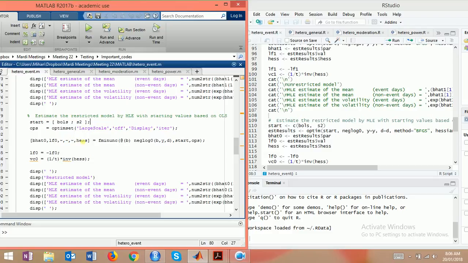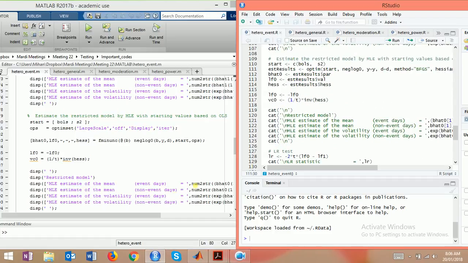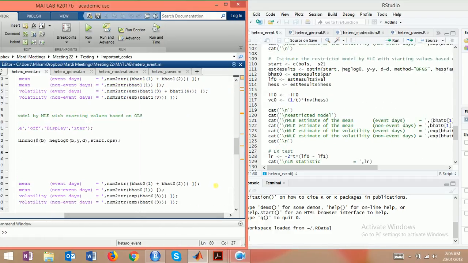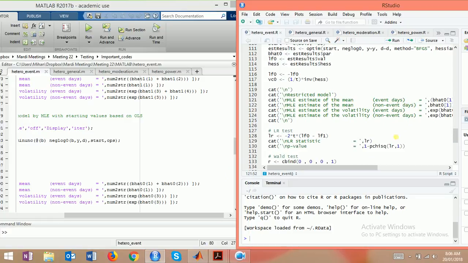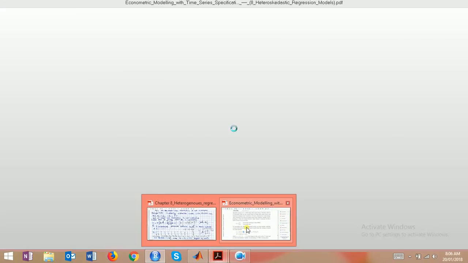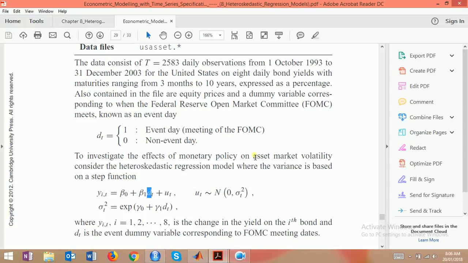So we just estimate the rest of the beta and sigma square, and if it happens here in event day, beta naught, 1 and 2 added together, because there are event days, but d is 0.